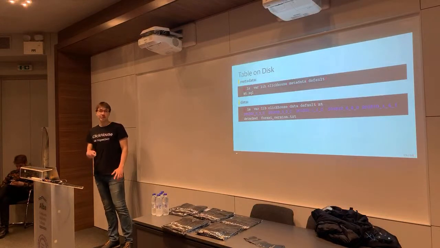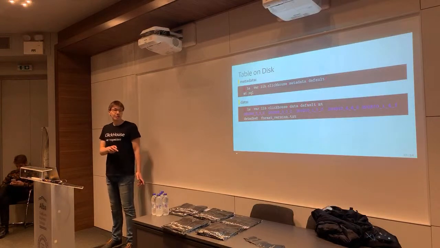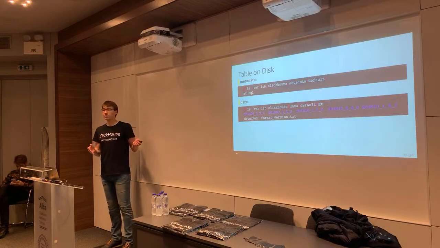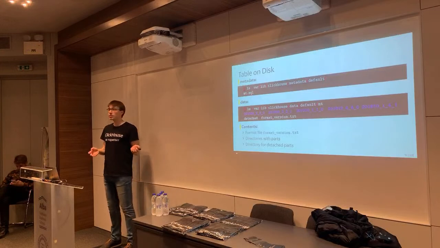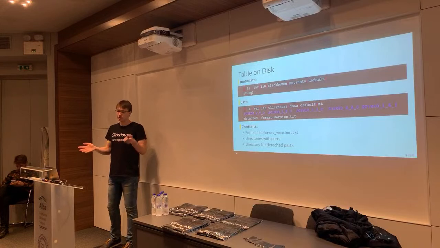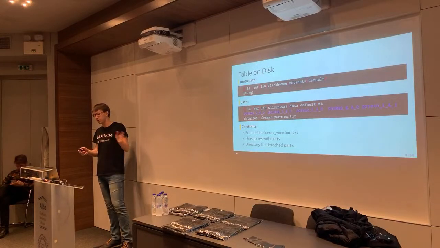All data is stored in the data directory. As before, we have the default database and a directory named after our table. And what will we see? We will see a lot of other directories and a file. The file is quite simple. It is just the format version of our MergeTree. Previously we had 1 kind of MergeTree, now we have a more fresh version. It is not important.